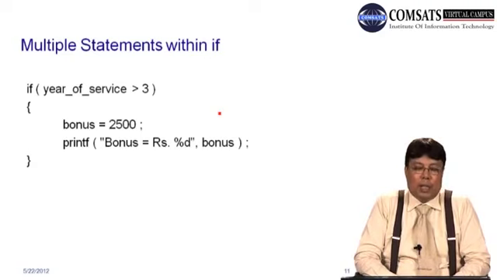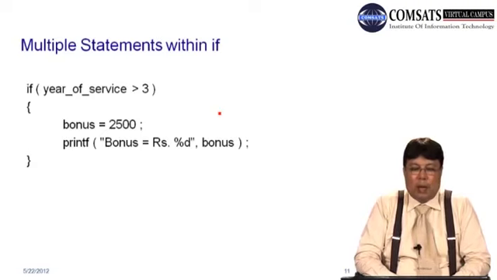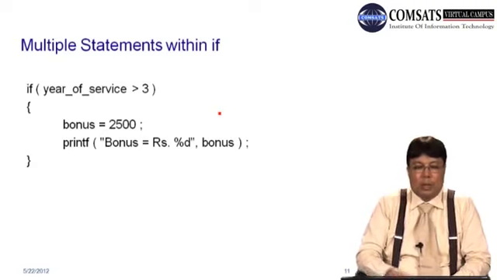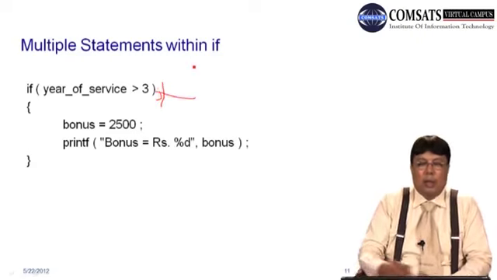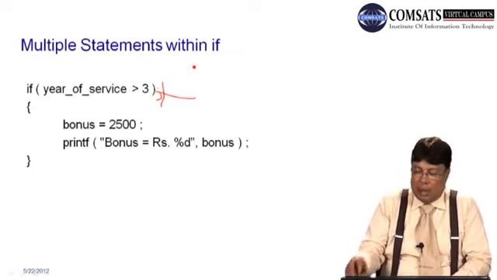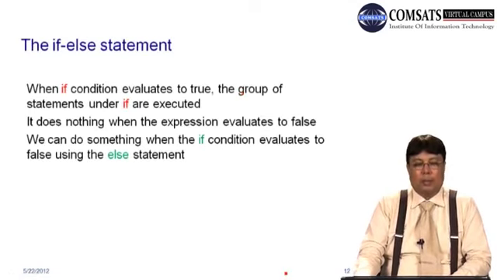If year of service is greater than 3, bonus is equal to 2,500, and we printf bonus is equal to rupees %d bonus. Please remember, there is no semicolon here. I'll give you the details of what will happen if you put a semicolon over there by mistake.